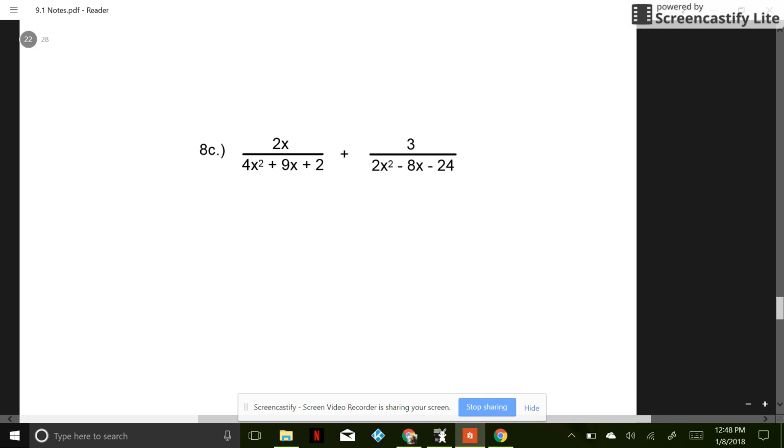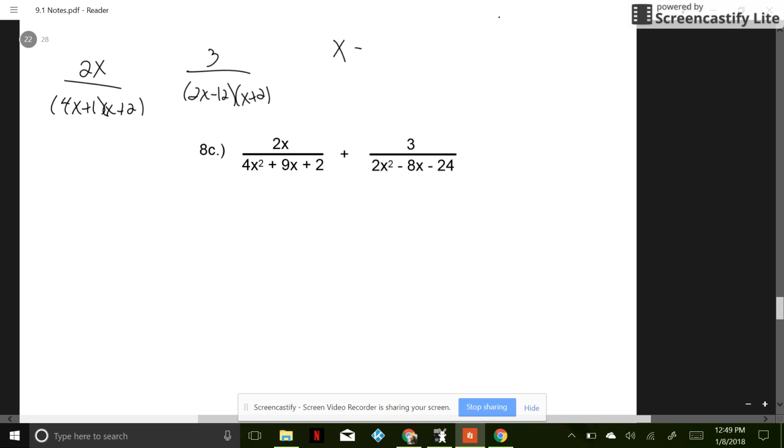Working through another example here. So we need to factor our denominators. So we'll have 2x over, factors to become 4x plus 1, x plus 2. And then we have 3 over, we'll factor to 2x minus 12, x plus 2.